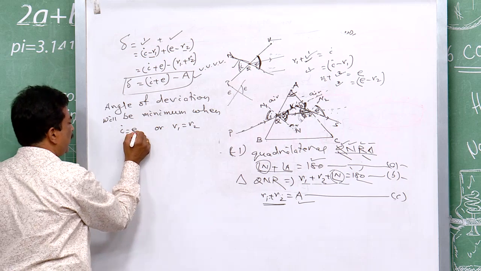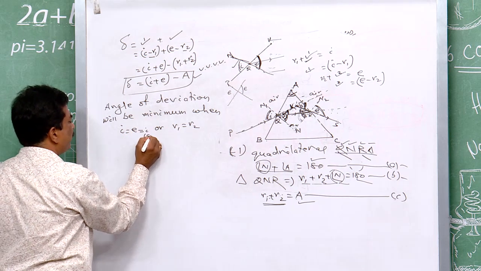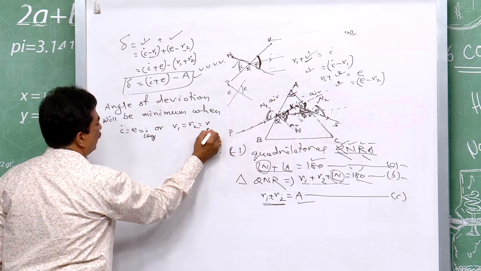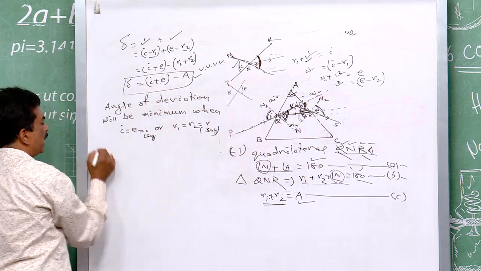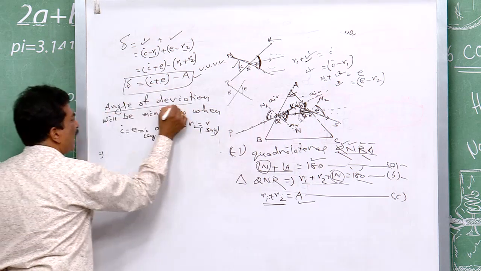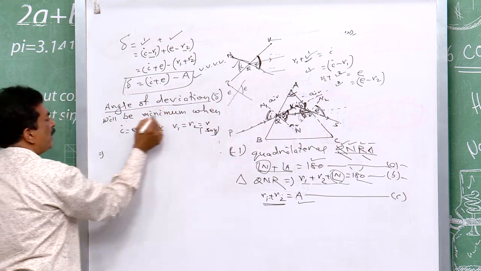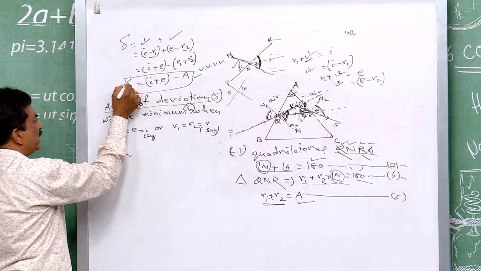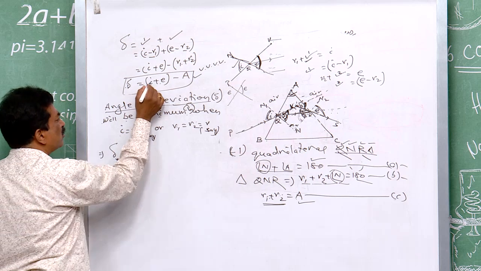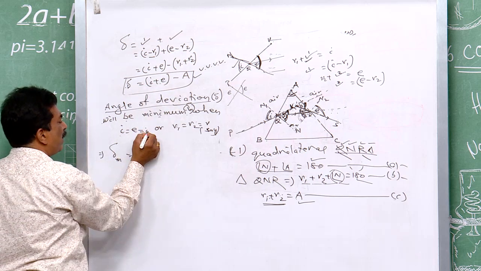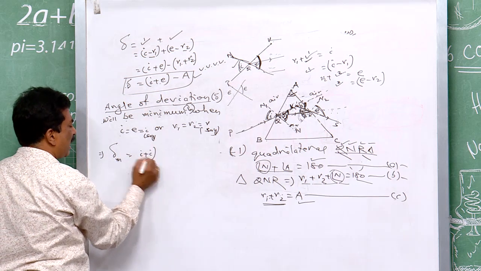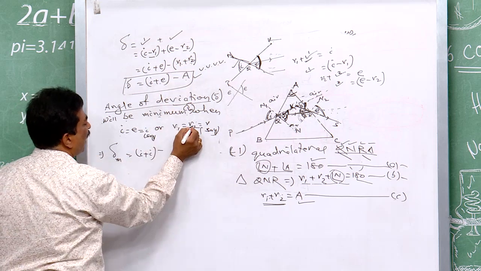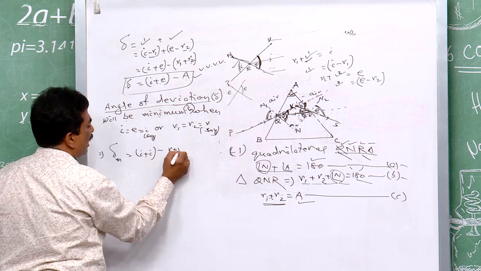If I is equal to E, say that is I, and R1 is equal to R2, say that is R. So, if we put the values here, this angle of deviation, del, will be the minimum, that is del M. So, del will be del M when I is equal to E. If we take it as I, then I plus I minus A is equal to R1 plus R2, but R1 and R2 are the same here, so that is equal to R plus R.